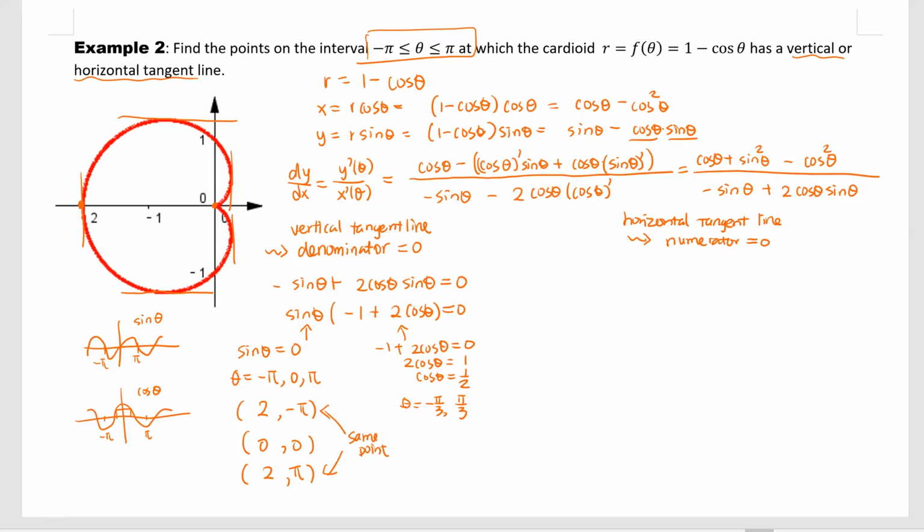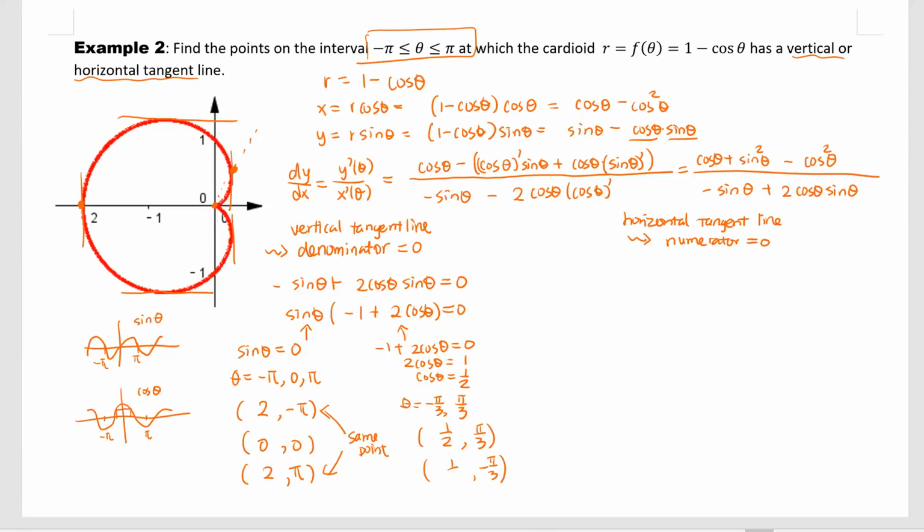Okay. And how about when theta equals pi over 3? Well, cosine pi over 3 is 1/2, right? And then 1 minus 1/2 is 1/2. So pi over 3 is like here. So it corresponds to that point. Okay, and for minus pi over 3, we have cosine minus pi over 3 is also 1/2.